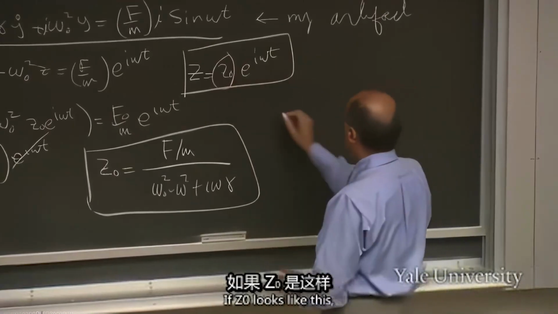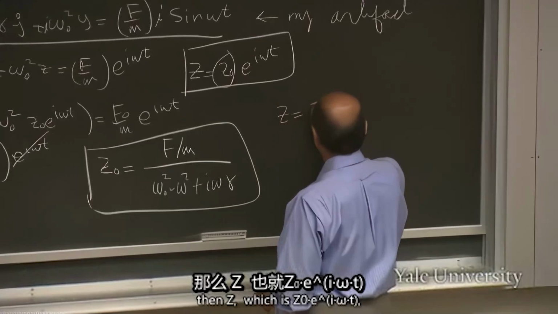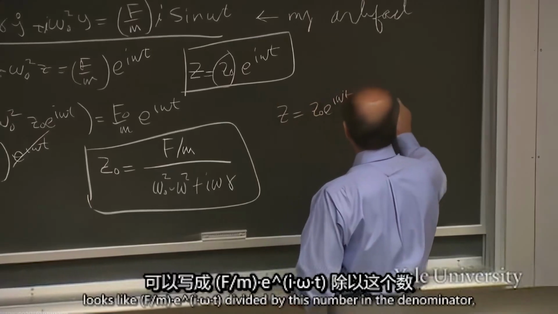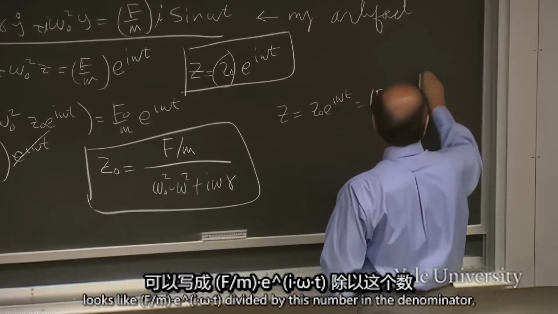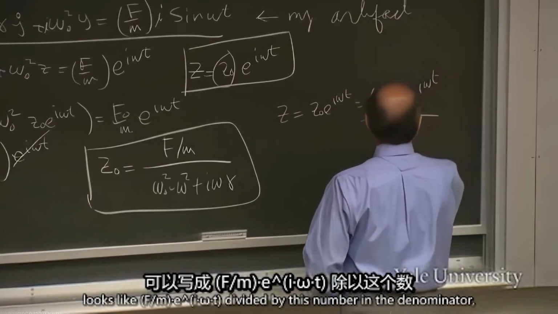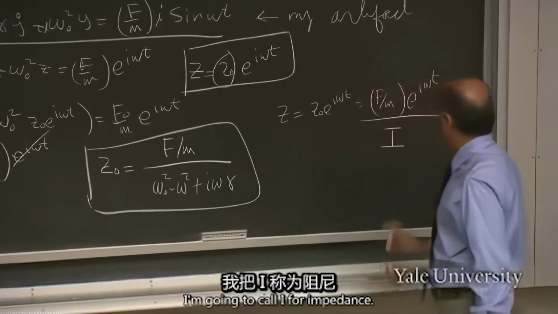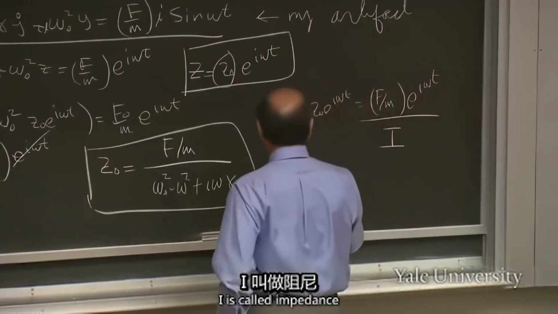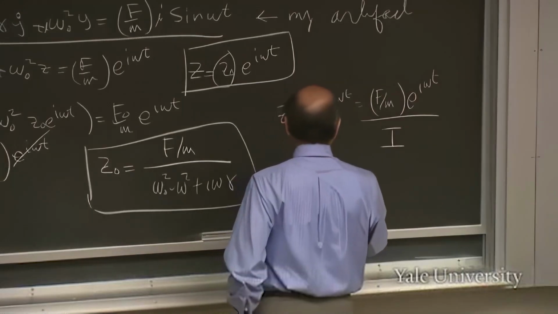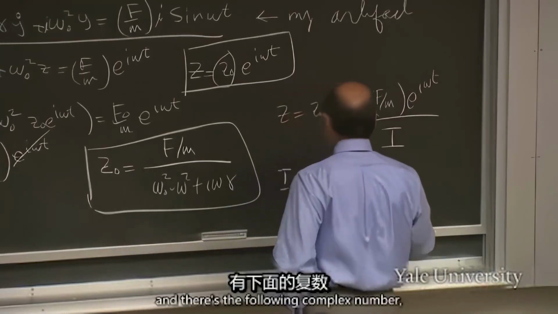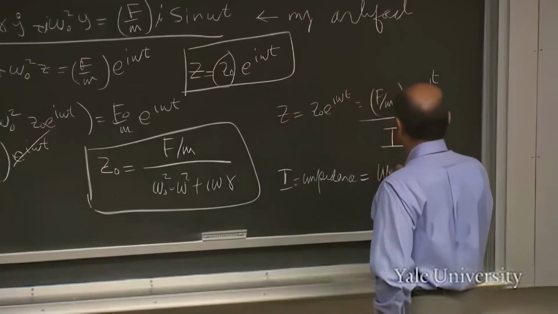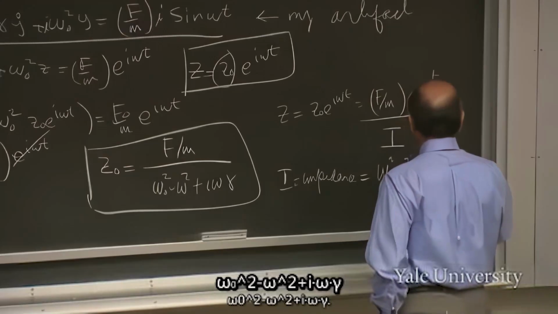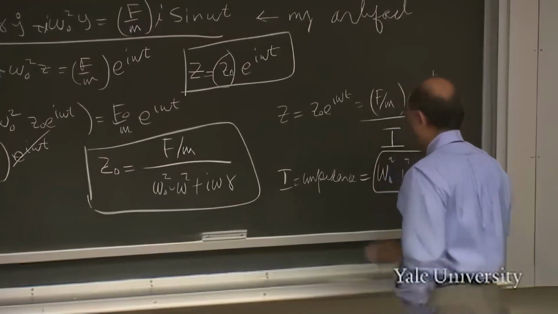If z naught looks like this, then z, which is z naught e to the i omega t, looks like f over m e to the i omega t divided by this number in the denominator, which I'm going to call I for impedance. I is called impedance, and it's the following complex number: omega naught squared minus omega squared plus i omega gamma.